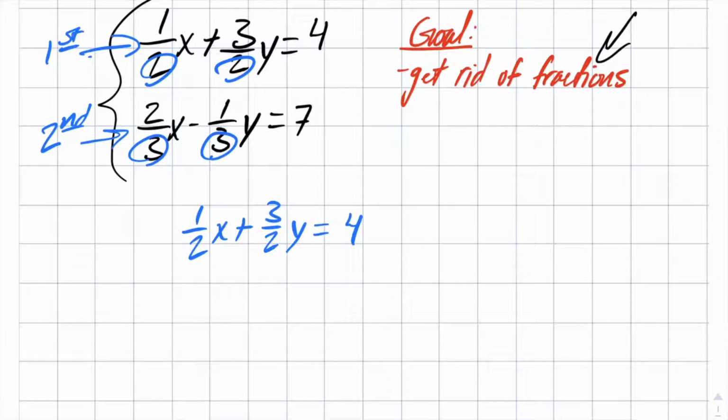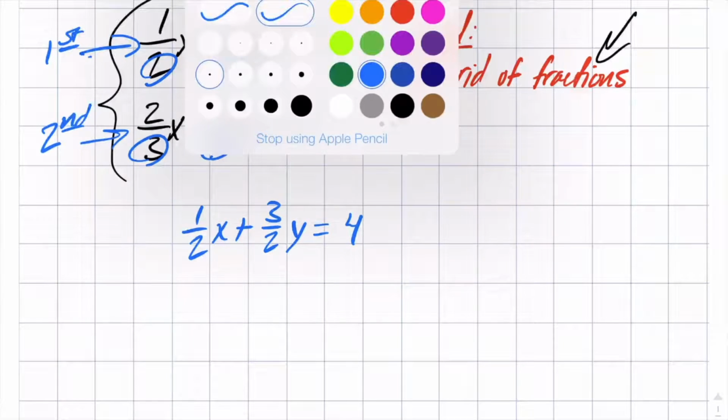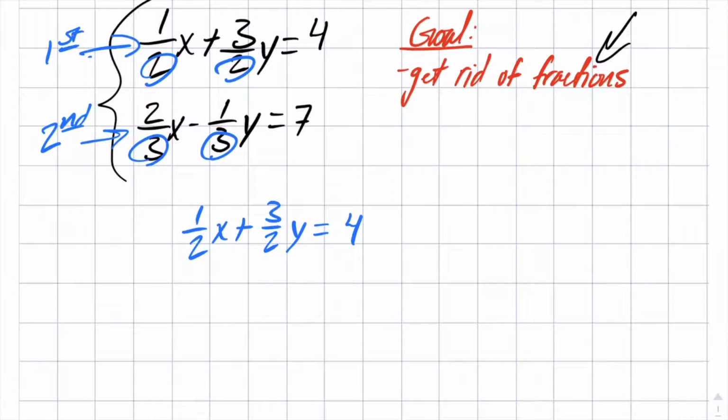And multiplication will get rid of that denominator in this case. So if we want to get rid of 2 and it's division, then we're going to multiply by 2. All right? So what you do to one side, you do to the other, times 2, times 2.